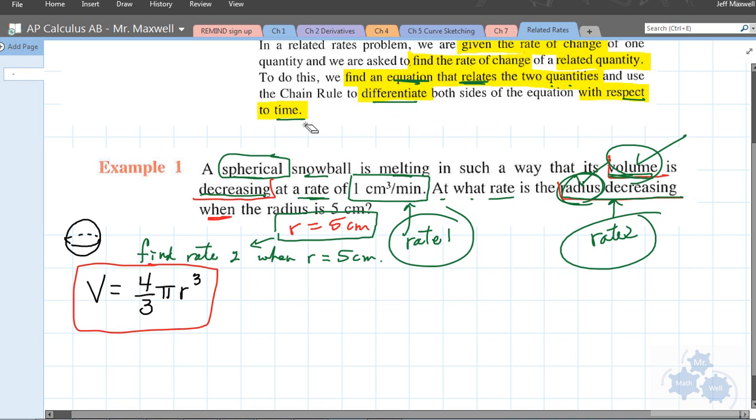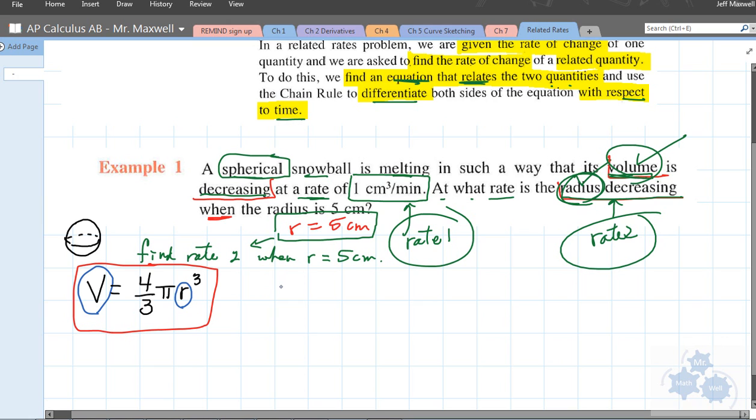So what that means is we have two quantities, volume and radius. Those are the two quantities that are changing, right? The volume is decreasing. The radius is also decreasing at the same time. And so we differentiate with respect to time.